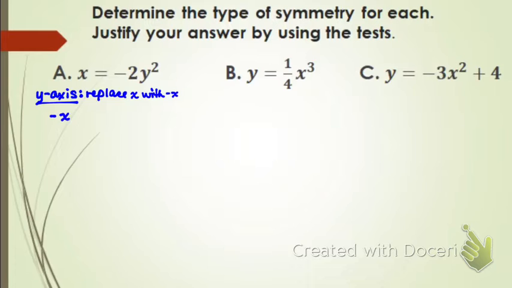So I have negative x equals negative 2y squared. We can divide out a negative 1. I love that you said that. That would be what I need to do to fully simplify this. So I would have x equals 2y squared. Is that exactly what we started with? No. So it does not have y-axis symmetry.